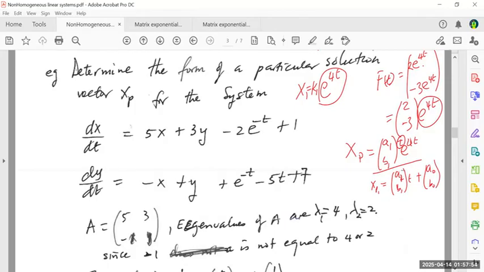So you have to multiply e to the power 4t by the full generalized version of a linear vector. So your xp in this case would be a1 b1 t plus a naught b naught, multiplied by e to the power 4t.